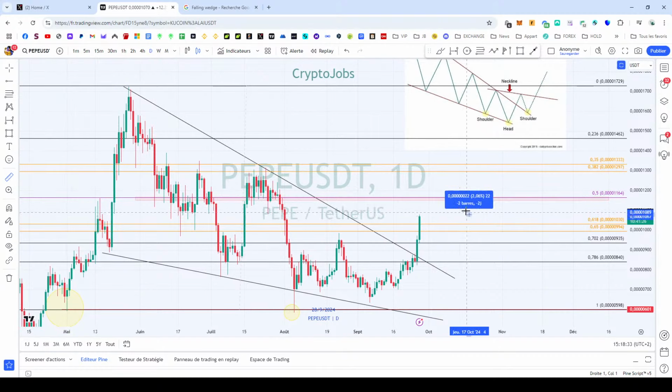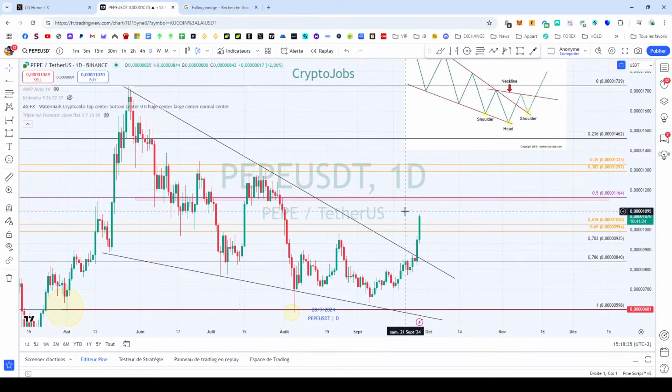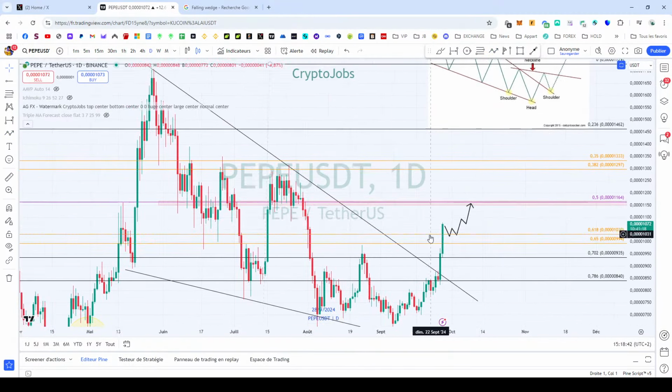So in the past, sorry. So this level, if you are patient, maybe for a spot or a 3x leverage setup, look, this is a beautiful consolidation on the golden pocket around the support I mentioned before.